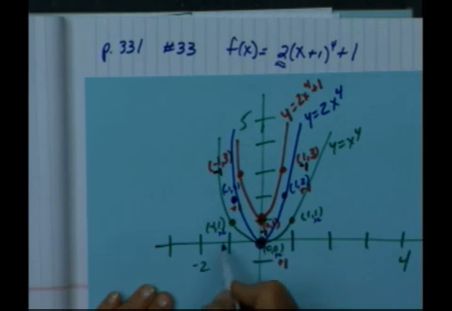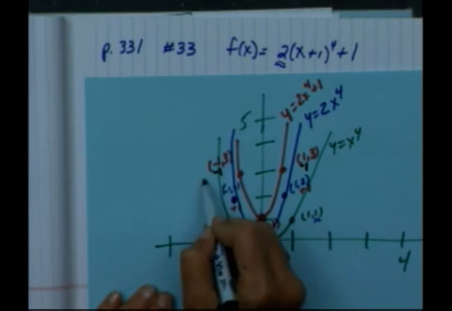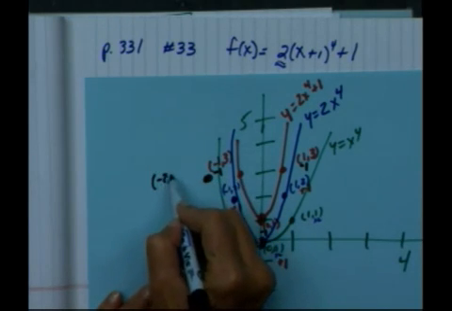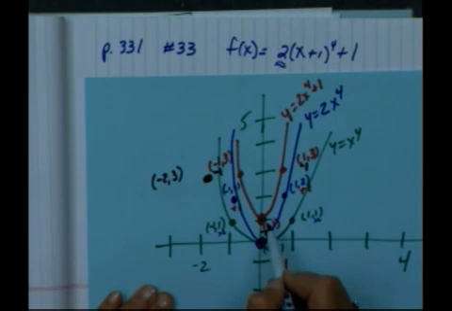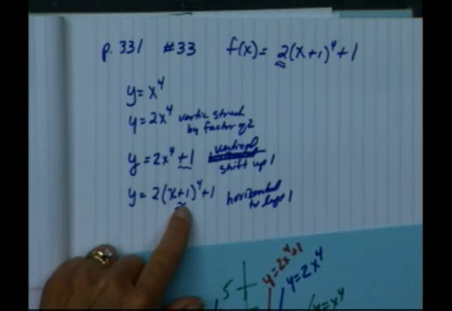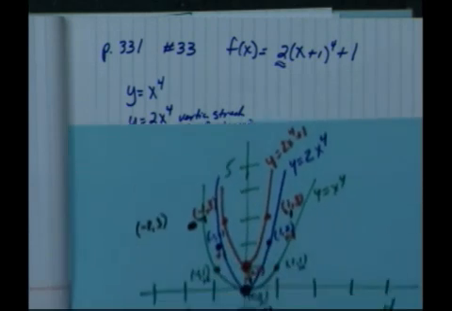So now I'm going to have negative 2, 3. I've come over this way 1. So horizontal, if it says plus 1, you're supposed to do minus 1. Anything to do with the x's always seems backwards from what you say.